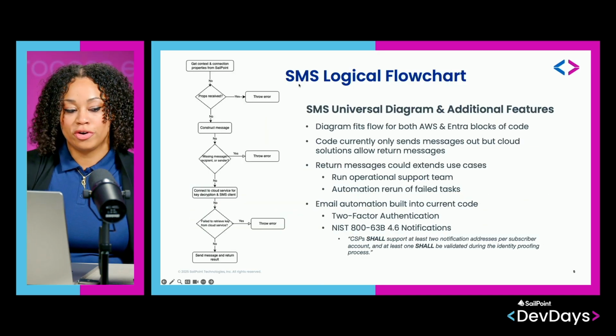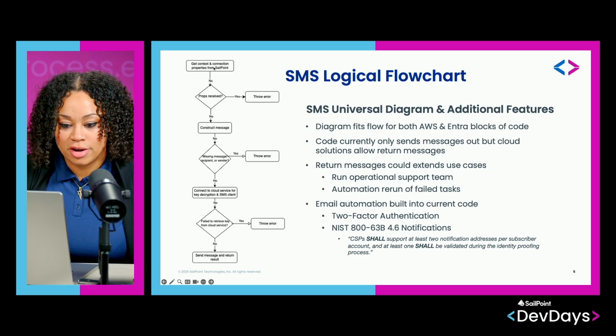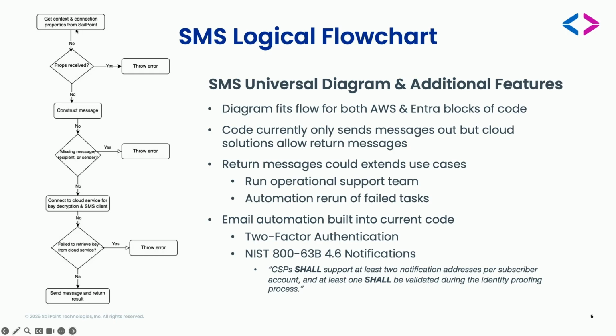So to walk through the flow chart, the diagram on the left is where I will start. There are two different pieces of code we will be looking at, but they both have very similar logic. The first thing is going to be receiving the connection properties.